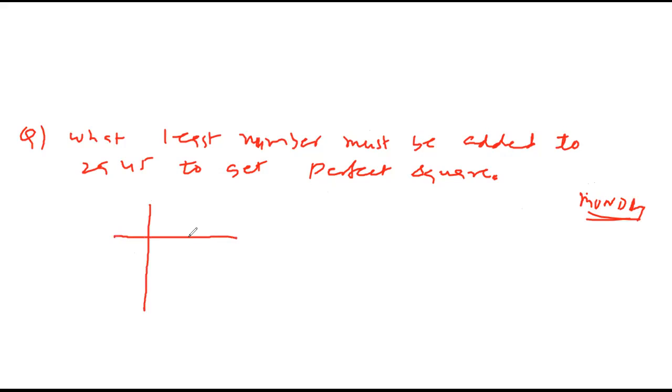Sir, I got 29 as remainder. Correct, 29 remainder is perfect. Then find 55 square. This is 3025, no? Yes, sir.